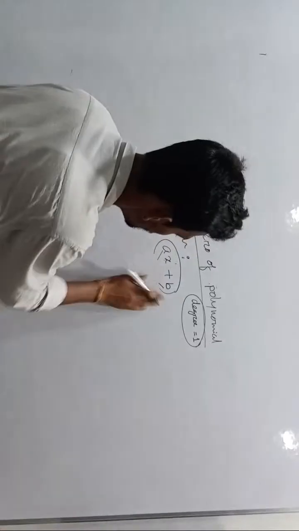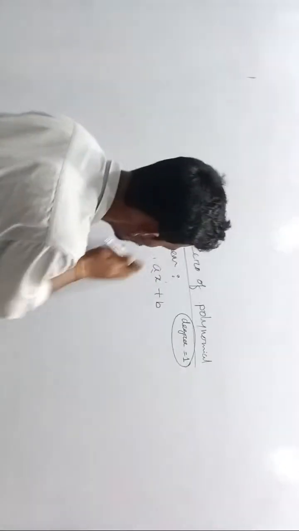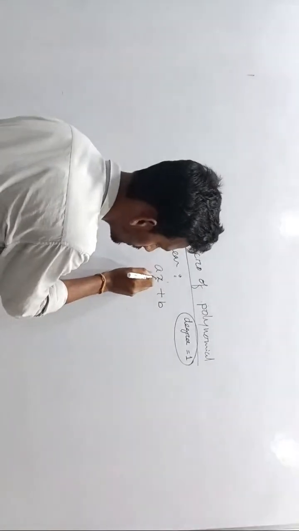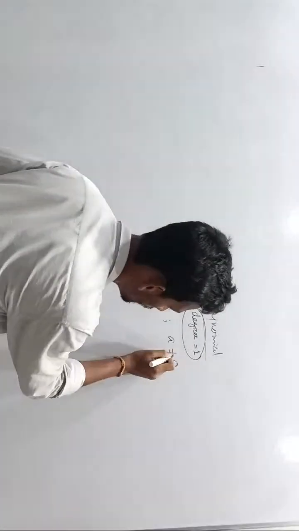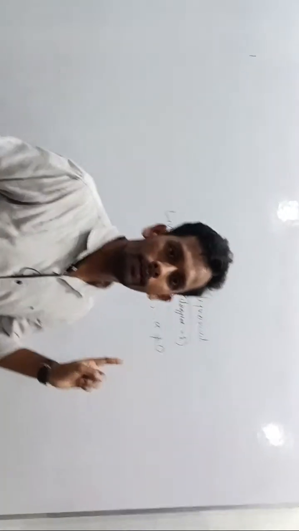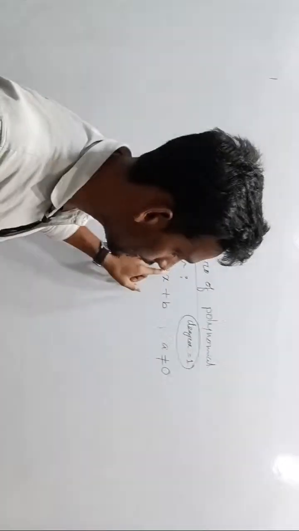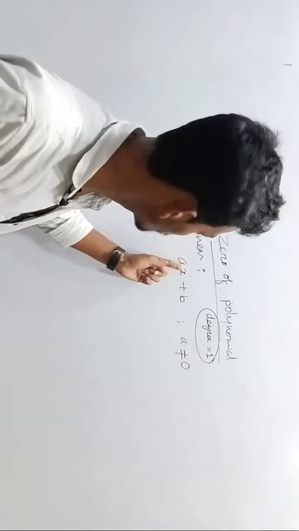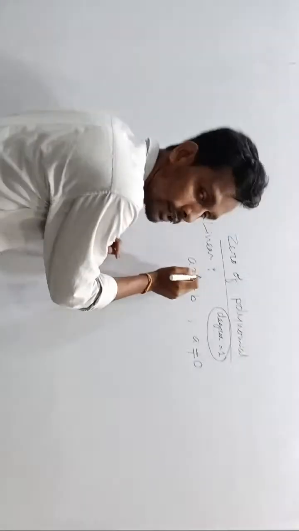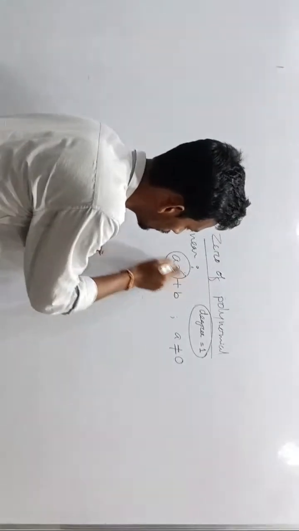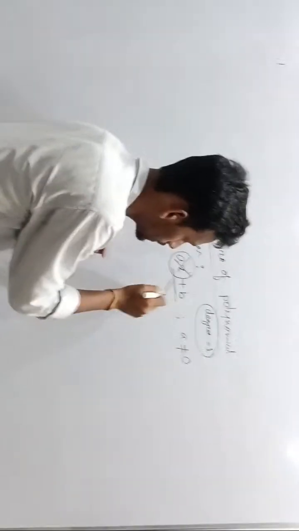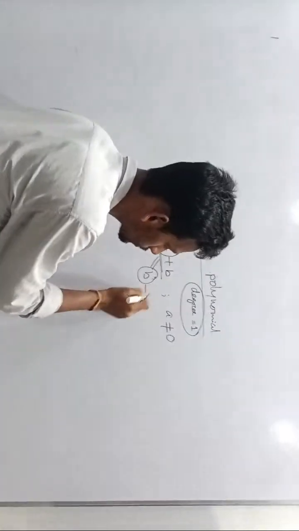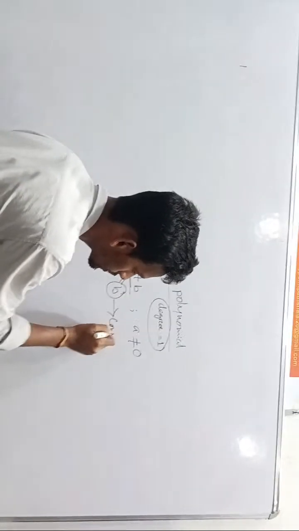Okay. Now, if it is linear, the coefficient of x is a. Here a cannot be 0. Remember these things. It is a linear polynomial. A cannot be 0 because it is the coefficient of x. If a is 0, then the whole term will be 0. Only b will remain from this expression. Then it is converted into a constant polynomial.